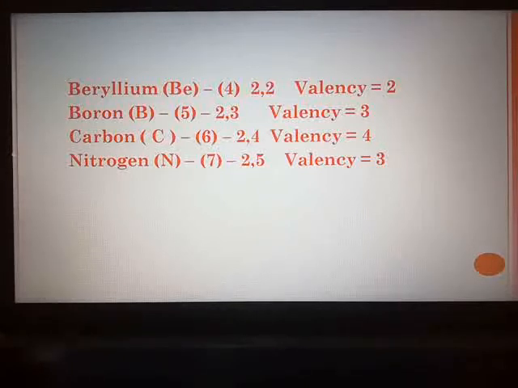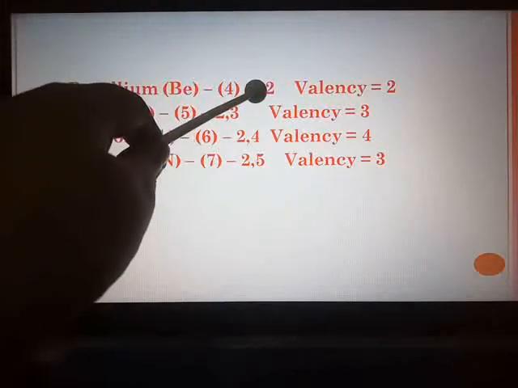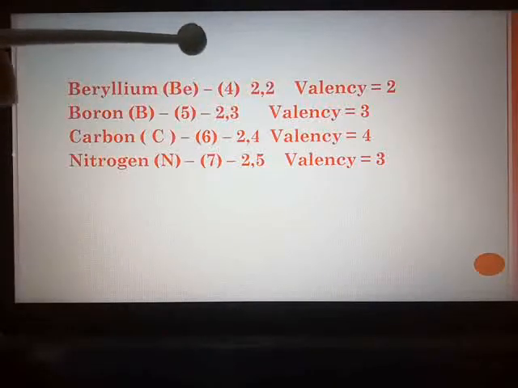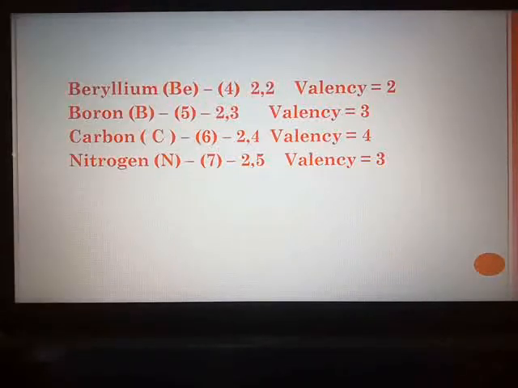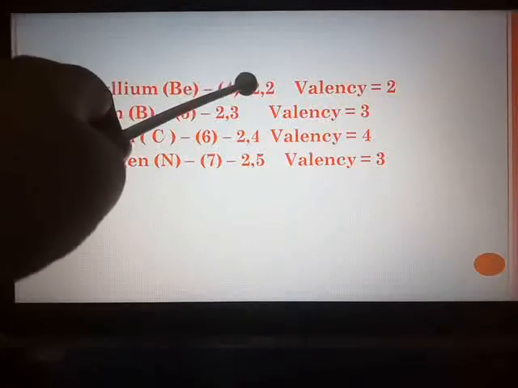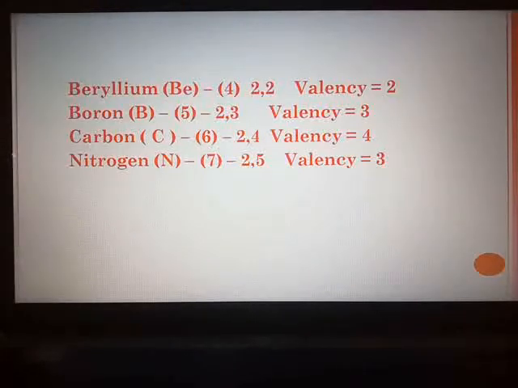You know the maximum capacity of the next shell, that is the second shell, is how many electrons? It is 8 electrons. Now here beryllium has 2 electrons. So instead of taking 6 electrons and becoming 8, what will beryllium decide? It will give away these 2 electrons. So it will be stable with its first orbit with 2 electrons.